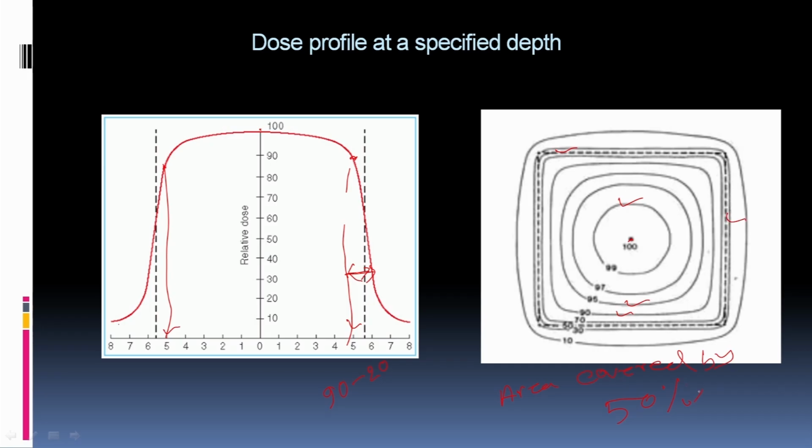So this line matches the geometrical field size. If it is 10 by 10 centimeter, this distance is 10 centimeter and this distance is also 10 centimeter. So 50% is considered as the radiological field size, which matches the geometrical field size.